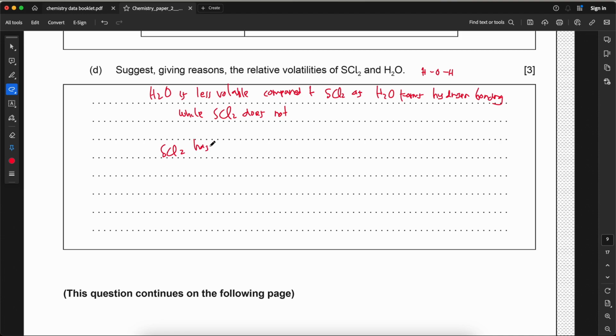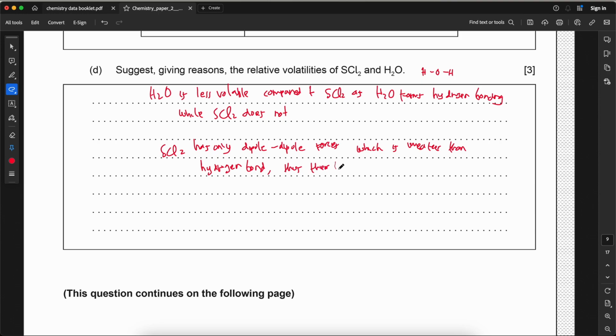SCl2 has only dipole forces, which is weaker than hydrogen bond.